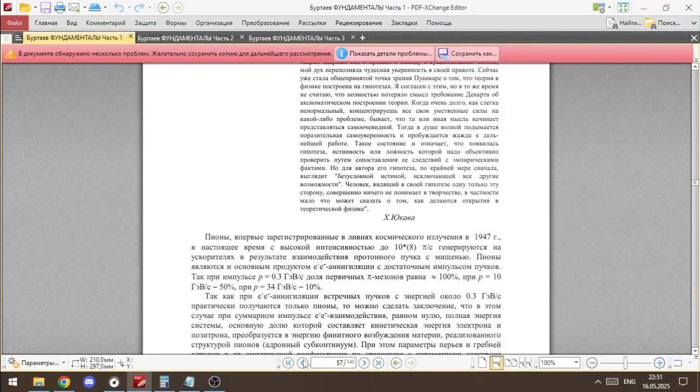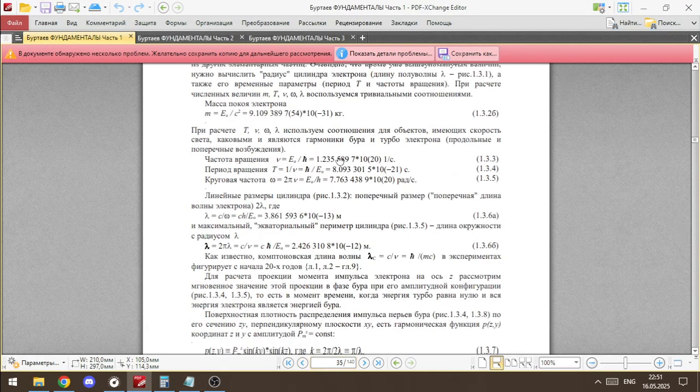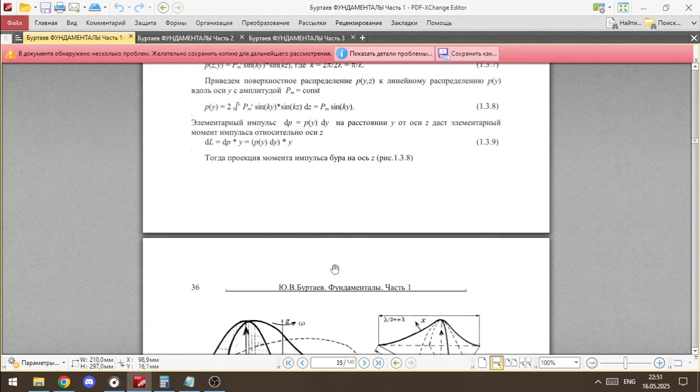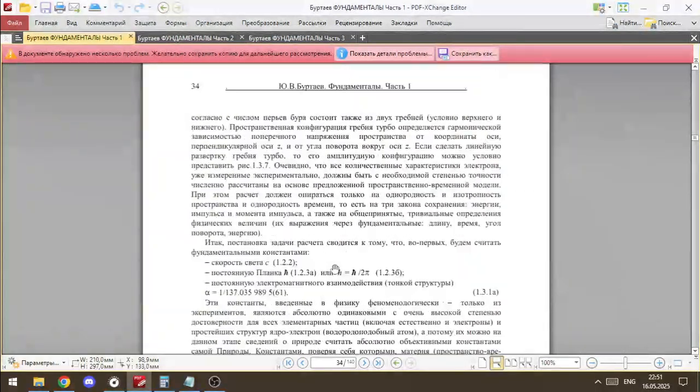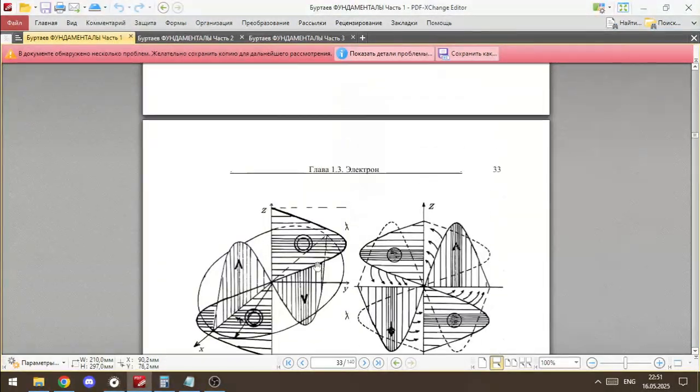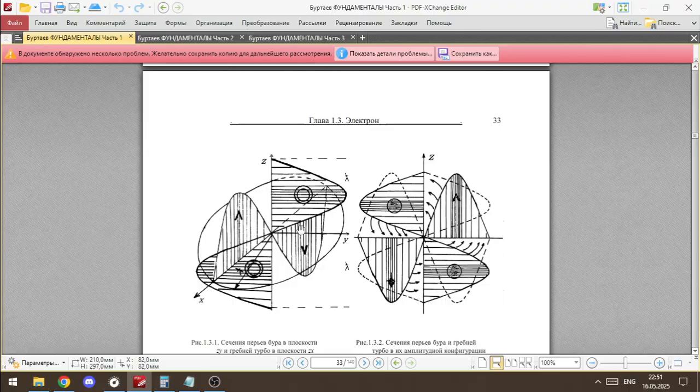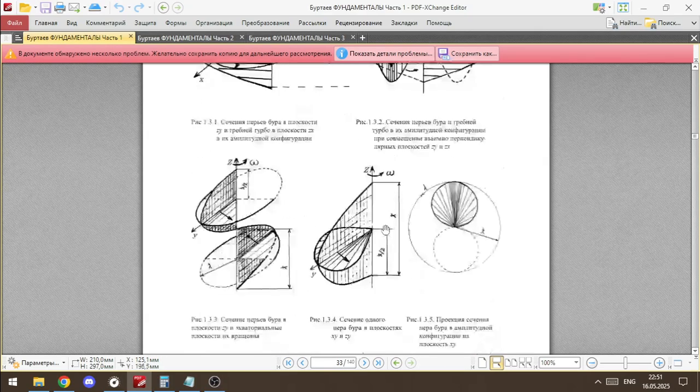That means if in an electron we had two of these feathers, so basically one half here, one half here, right? So one feather here, one feather here. For both this auger and turbo, both of them have two feathers.